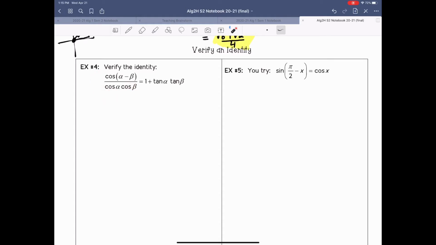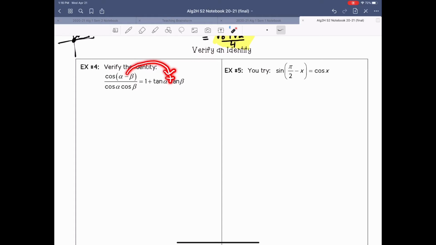Now, also, we want to think about what we can replace before we get into it. Notice how the numerator of this fraction is the cosine of alpha minus beta. And we absolutely do have an identity that we could replace the cosine of alpha minus beta with. We just need to refer to the formulas on the previous page. Now, keep in mind, whenever we're rewriting the cosine of alpha minus beta, to expand that, we're just going to change the operation. So instead of minus, we're going to have plus.